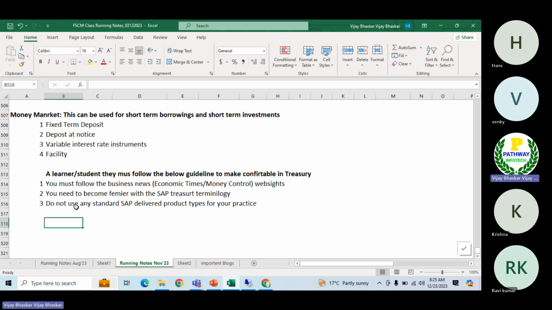You must create the new product type. Then only you can understand what is the business function, what is the reason behind that, why we are performing this activity. You must understand each and everything, otherwise you will get confused. You must follow this one.